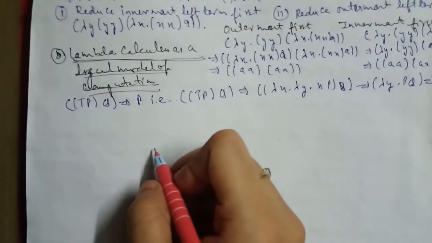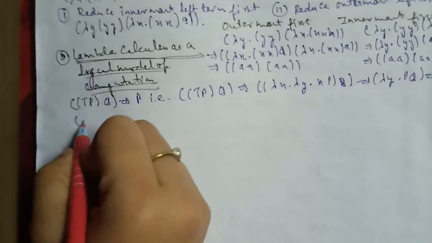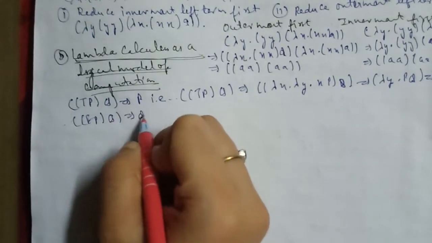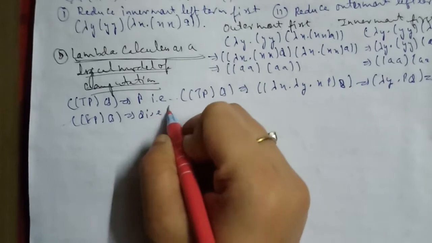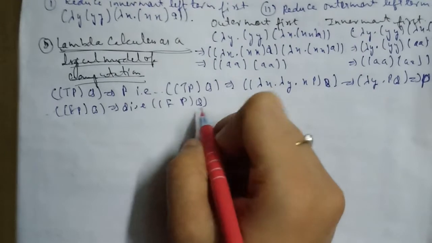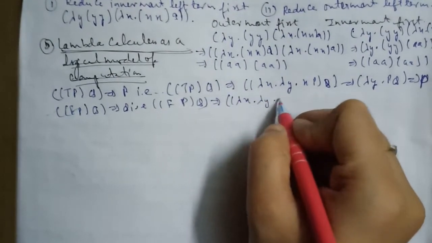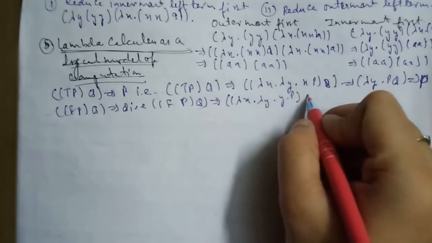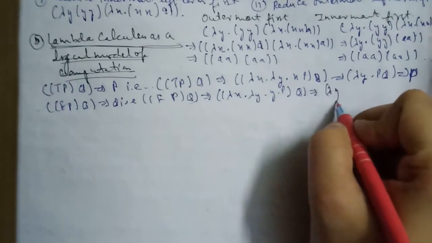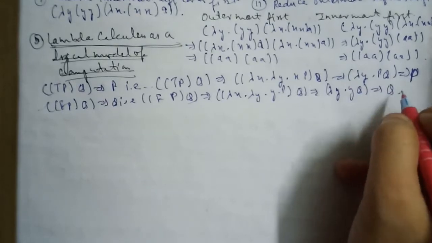The other property is F p q, that tends to q. F p q tends to lambda x dot lambda y dot y p q, and that gives you lambda y dot y q, which tends to q here as well.